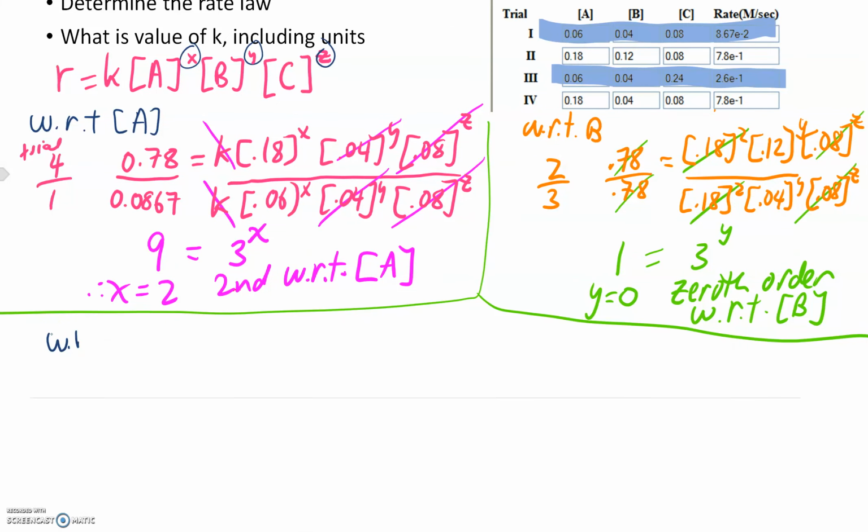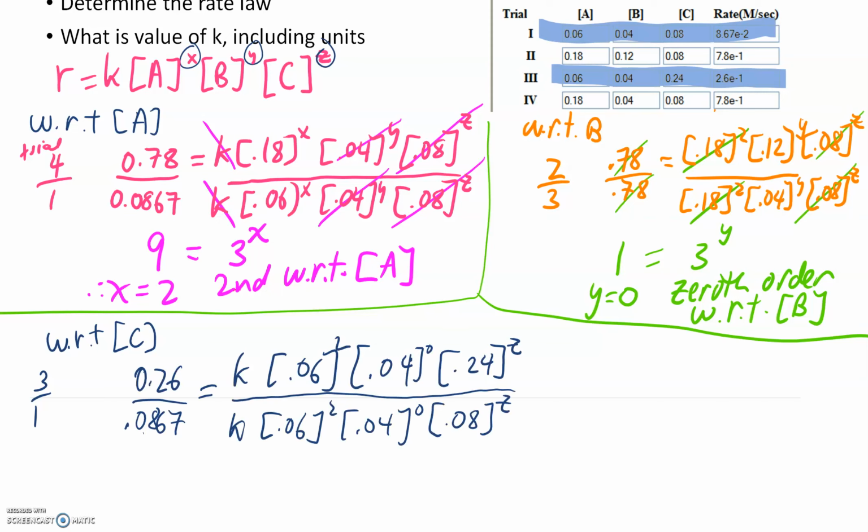Now I just need to decide what trials to use to find C. For C, I chose trial 1 and 3, and I'm going to do trial 3 over 1. Then I plug in all the values again to my R equals k A to the x, B to the y, C to the z. I'll pause while I do that. Okay, I've plugged in my values from my chart, and I even substituted my orders from the first two investigations.